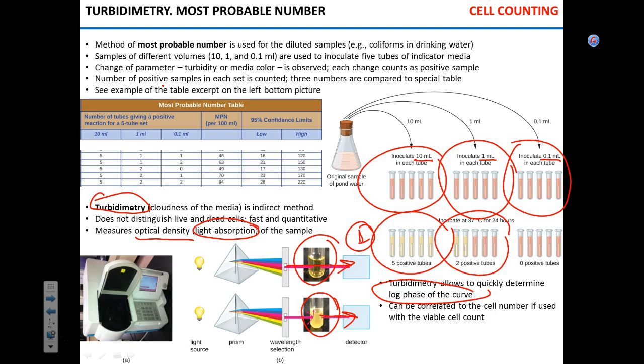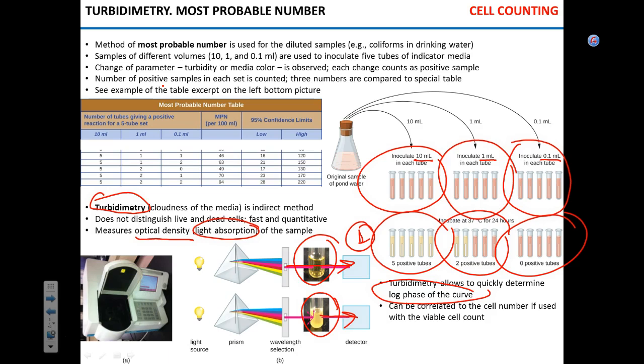Right? Which means in 2 out of 5 samples, there were some bacteria. And then you look at the last set, and there is no growth. Meaning that none of your 0.1 mil sample actually had bacterial cells in them, because they were too small. Am I clear?